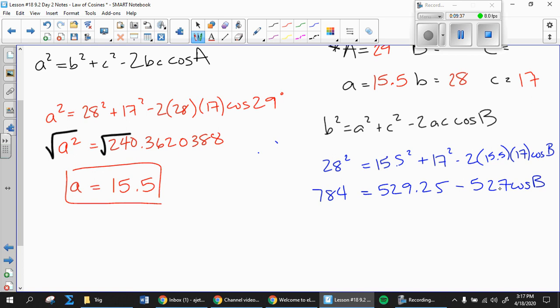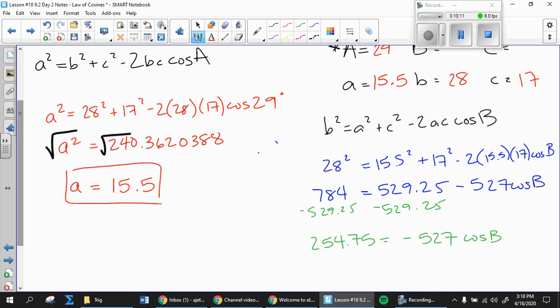This 527 is attached to this B, so you cannot subtract those. Our next step is to get B by itself. The first thing I have to do is subtract this 529.25 on both sides. So that's going to give me 254.75 equals negative 527 cosine B.